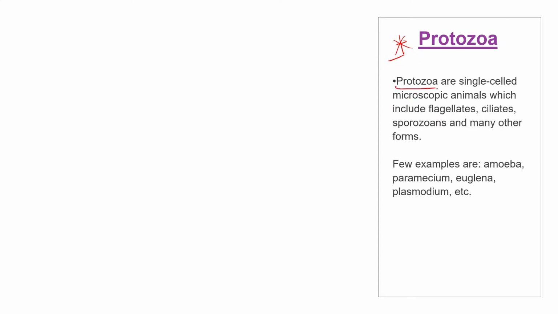Well, protozoa. Let's first understand how we can define the term protozoa. Protozoa are single celled microscopic animals. Protozoa are made up of a single cell, no doubt in this. We can say they are unicellular organisms.